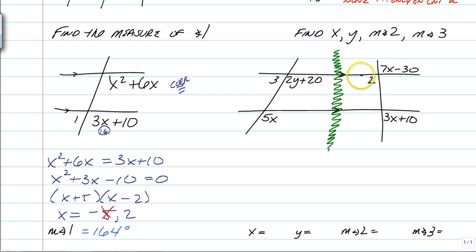You have a problem on the right and you have a problem on the left, but it is all in one diagram. So all you have to do is use the diagram on the right to solve for x. Then after you have x, you can plug it into this 5x and start a new problem on the left side to find y. Okay, so that should be a little helpful. Go ahead now, pause the video, and see if you can do the entire thing on your own.